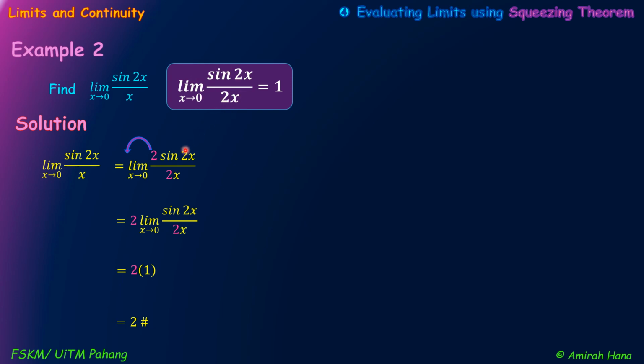When we multiply the denominator by 2, we need to multiply the numerator by 2, because when we multiply both numerator and denominator by 2, we multiply by 1, so it will not change the original value. Got it?